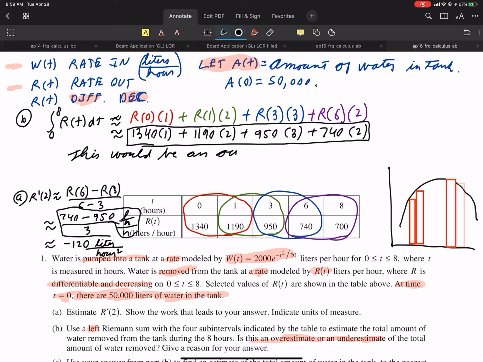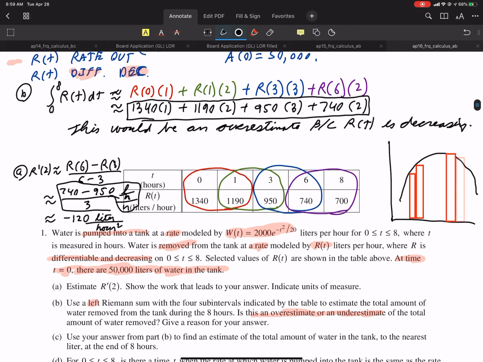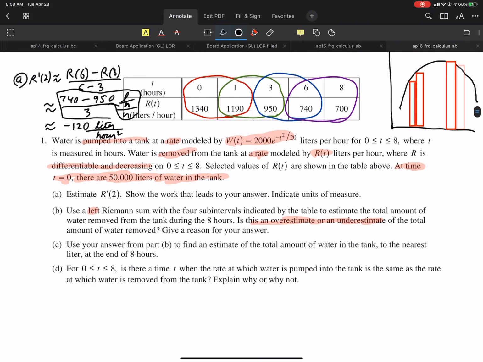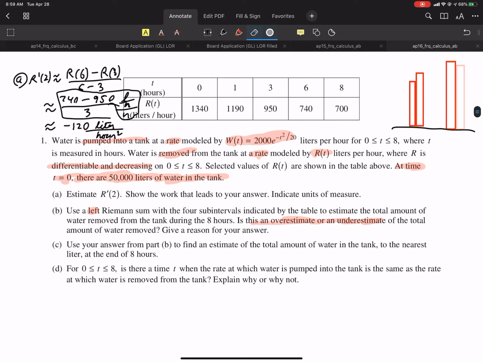And why is it an overestimate? The justification: because R of t is decreasing. Done. That's B. All right, let's go to part C.